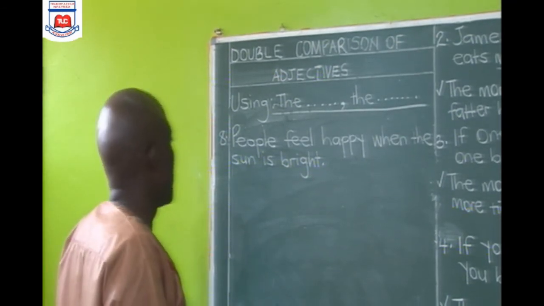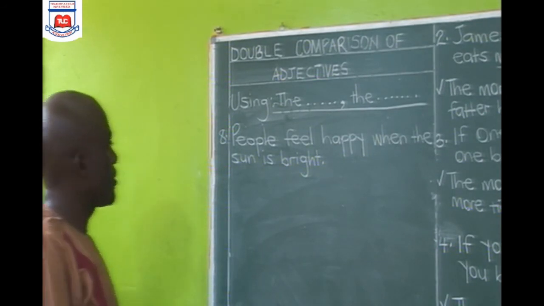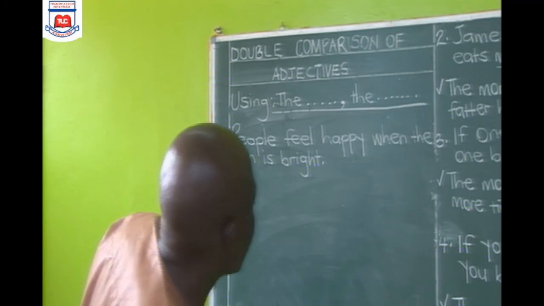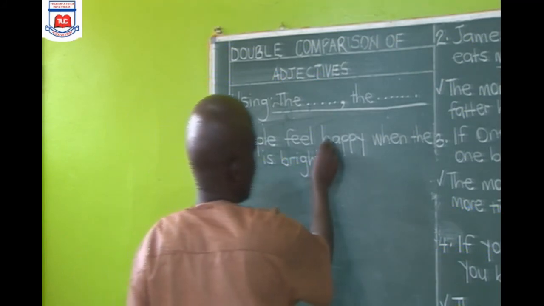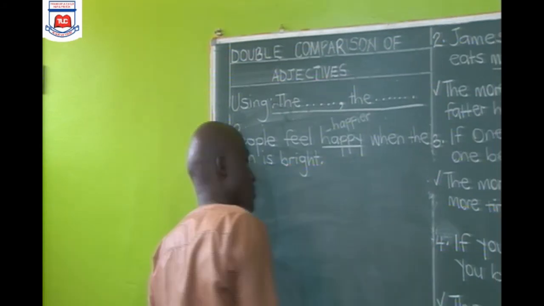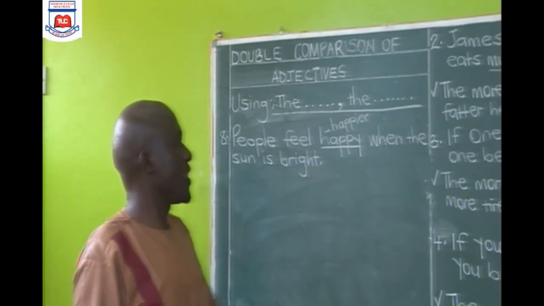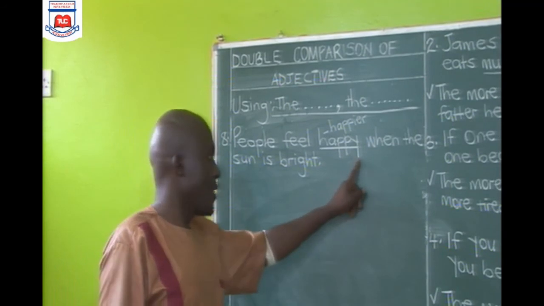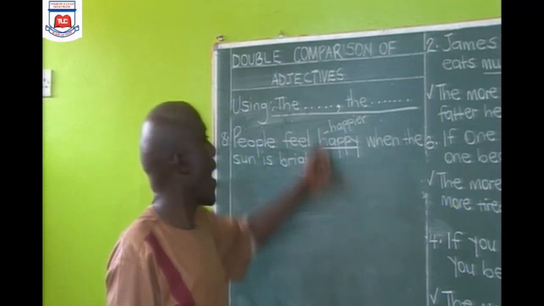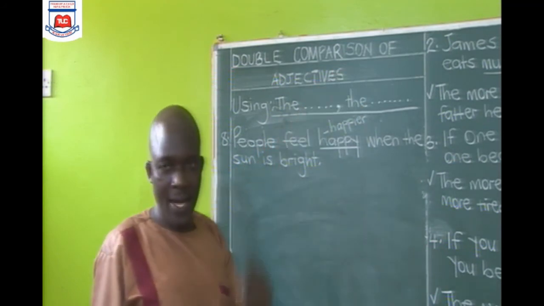That's very true. So what are the adjectives in this sentence? People feel happy when the sun is bright. What are the adjectives? The first adjective here is happy. Comparative degrees with adjectives that end in Y: when forming their comparative degrees, Y is changed to I and ER is added for comparatives.